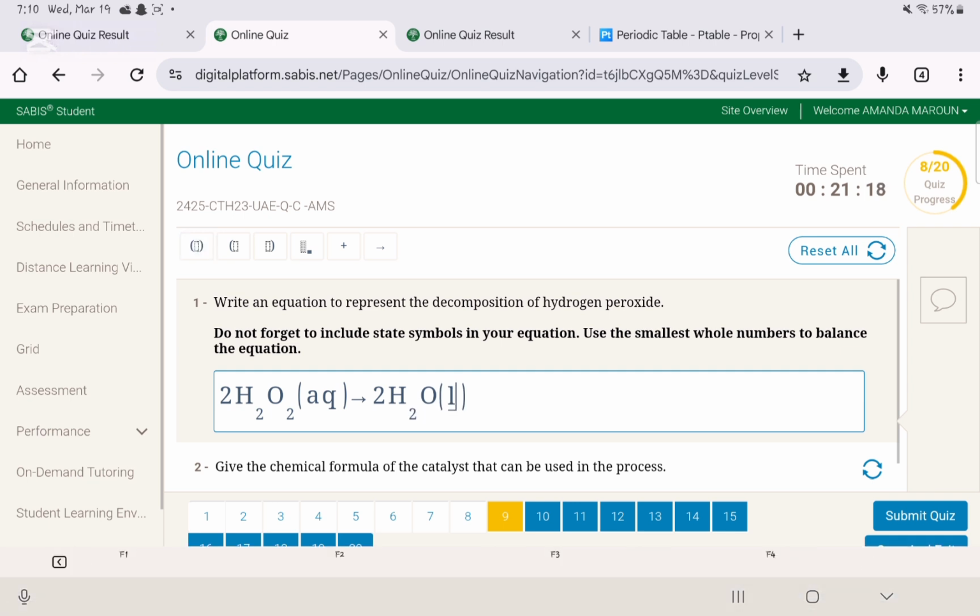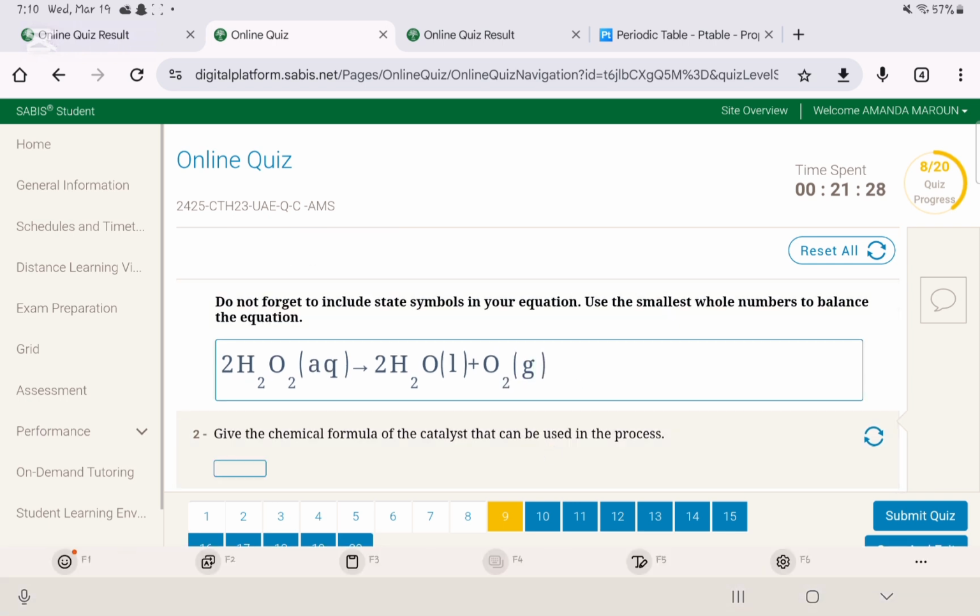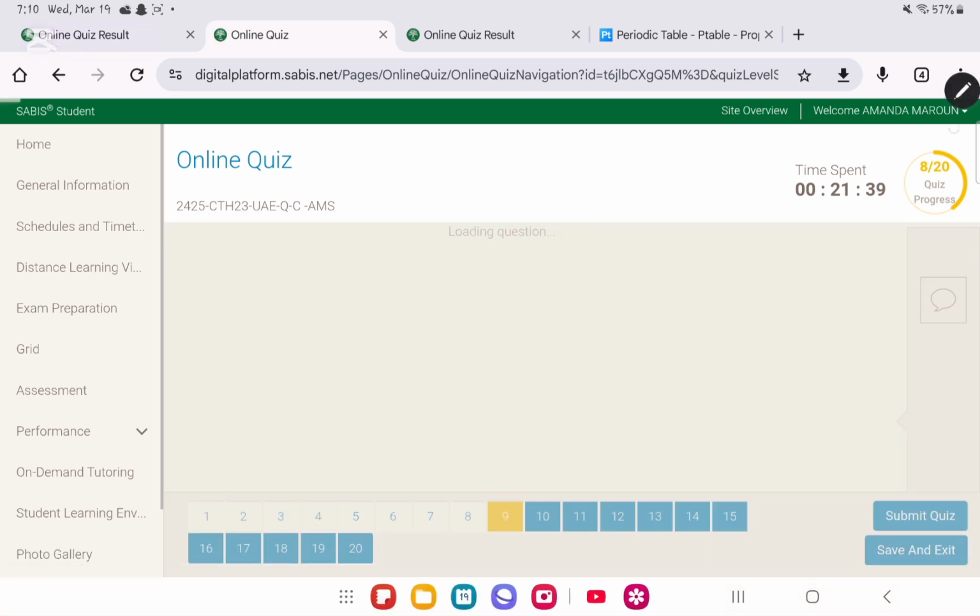I put solid, I meant to put liquid, my apologies. And always, the catalyst that is used in the decomposition of hydrogen peroxide is MnO2. Keep in mind that it is MnO2.